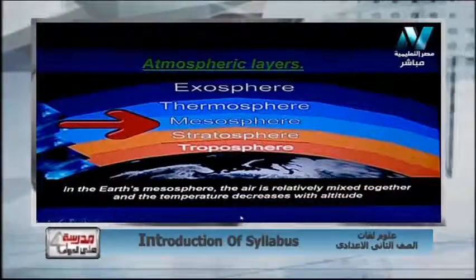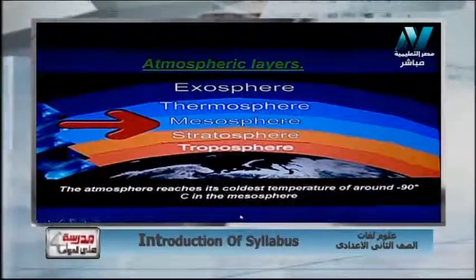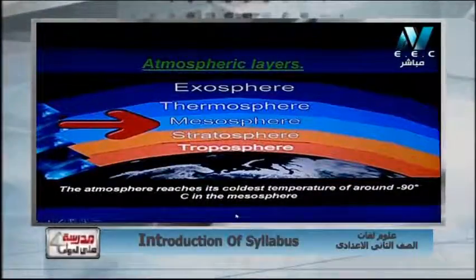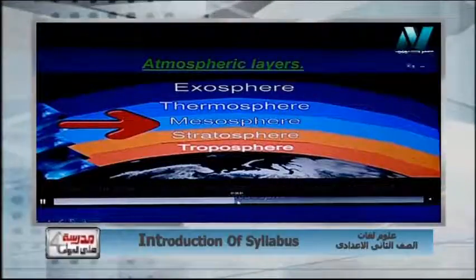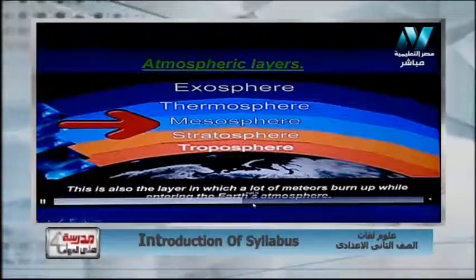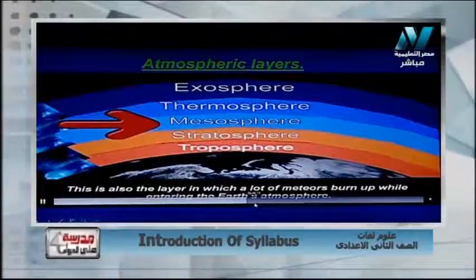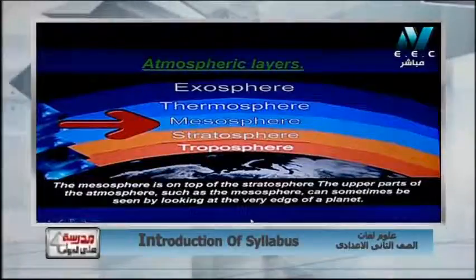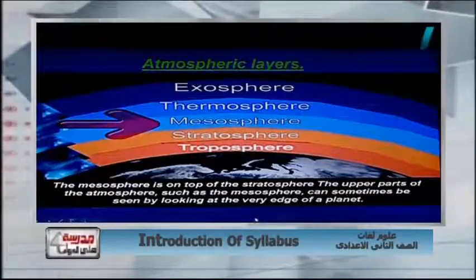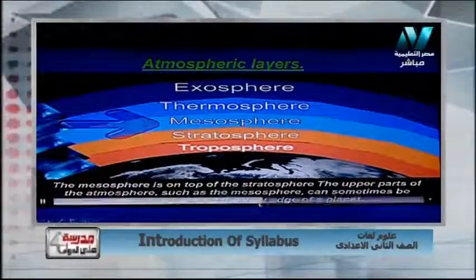The temperature in the mesosphere may reach negative 90 Celsius, above 85 kilometers height from the sea level.